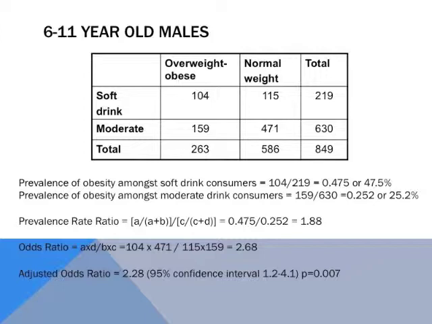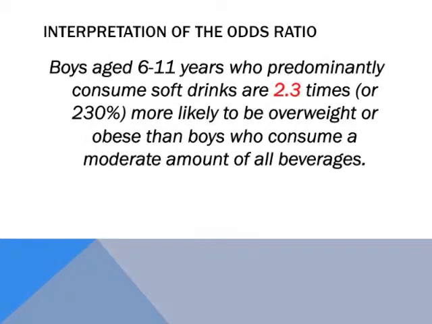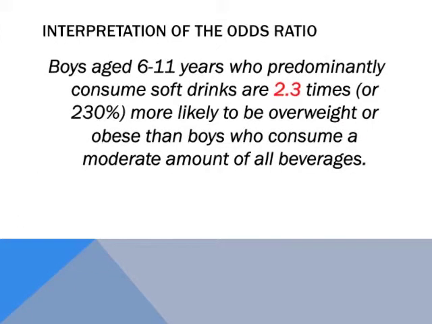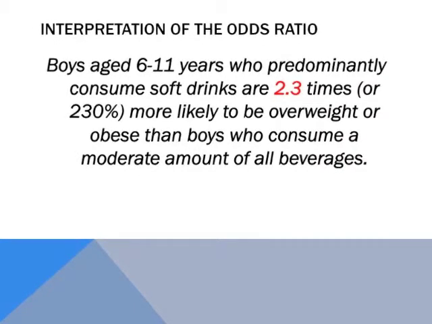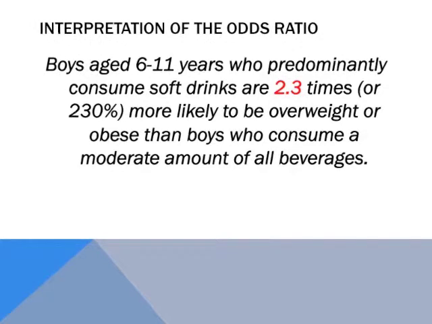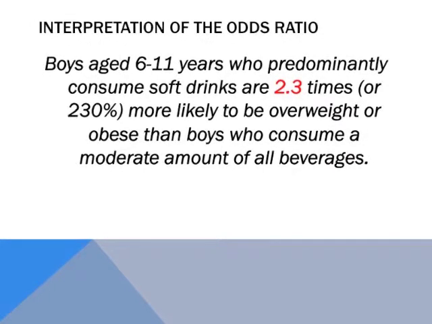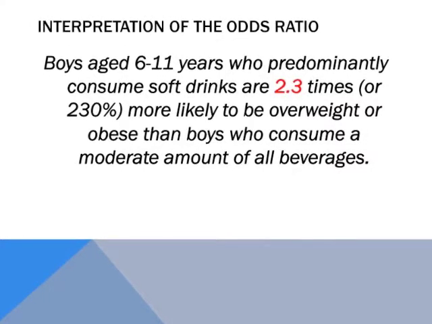The adjusted odds ratio in the published paper is slightly attenuated at 2.28, with a 95% confidence interval of 1.2 to 4.1 that does not straddle 1, indicating significance, which is corroborated by the statistically significant p-value of 0.07. This means that boys aged 6 to 11 years who predominantly consume soft drinks are 2.3 times more likely to be overweight or obese than boys who consume a moderate amount of all beverage types.